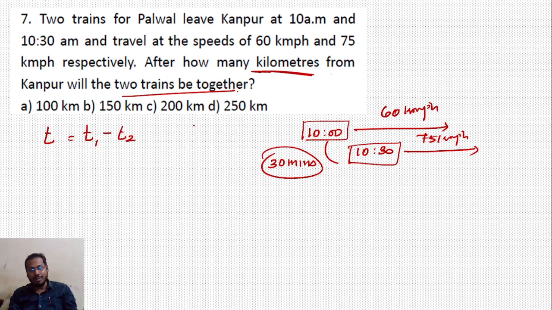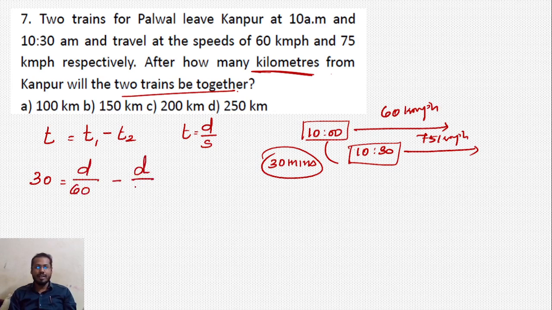Correct? So now substitute the formula. T is equal to D by S. So this 30 minutes is equal to, what is the distance? Distance we don't know, right? But speed I know, it was 60 kilometer per hour, minus D over 75. That's it. So look at this.